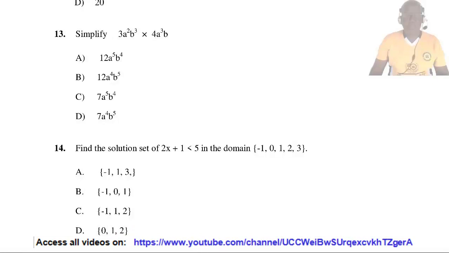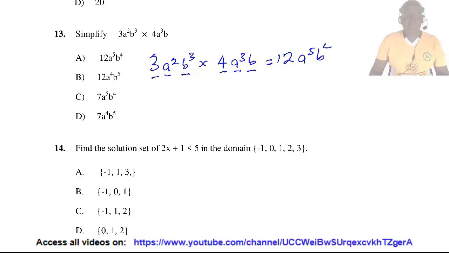Simplify 3a squared b cubed times 4a cubed b. We shall multiply the figures. 3 times 4 is 12. We shall multiply the a's; we add up their indices, so it's a raised to the power 5. We shall multiply the b's; we add up their indices, so it's b raised to the power 4. So the answer is A.